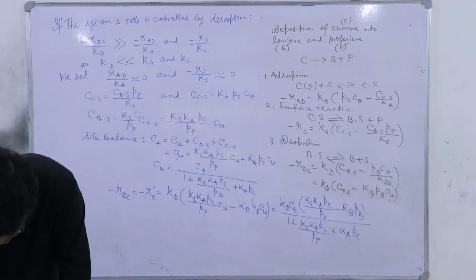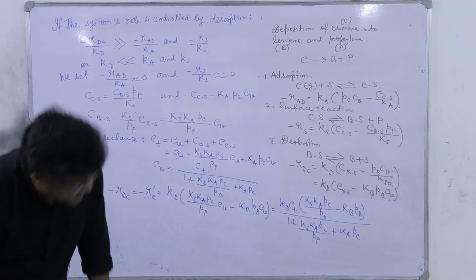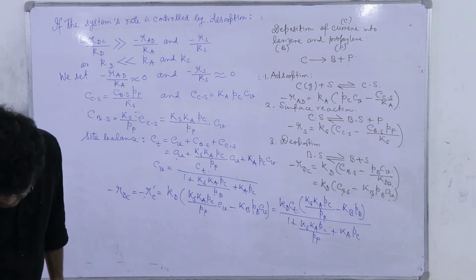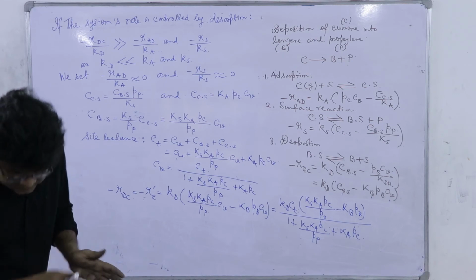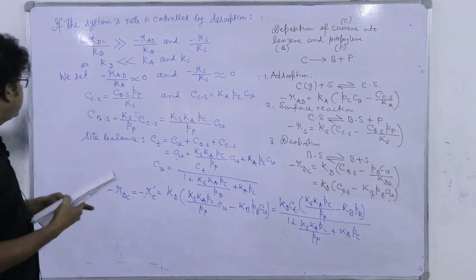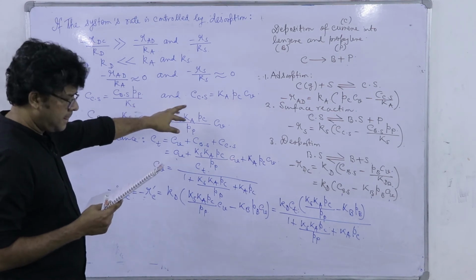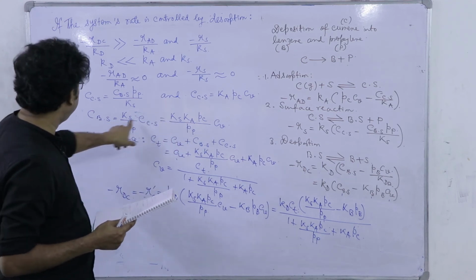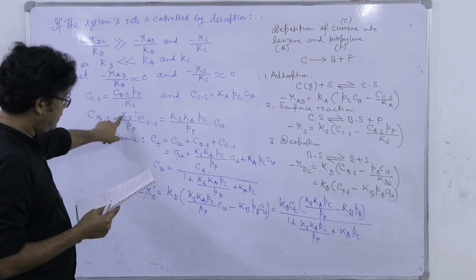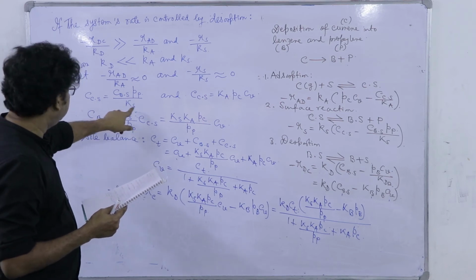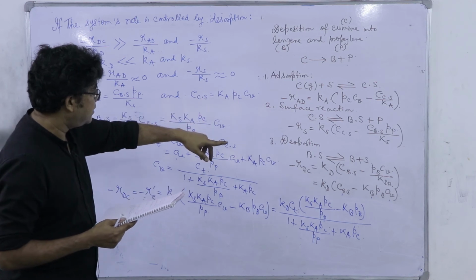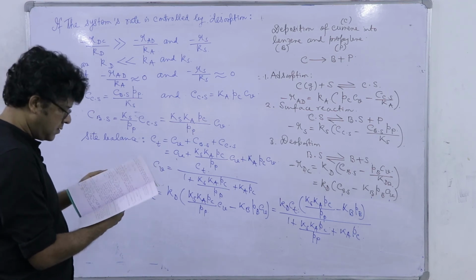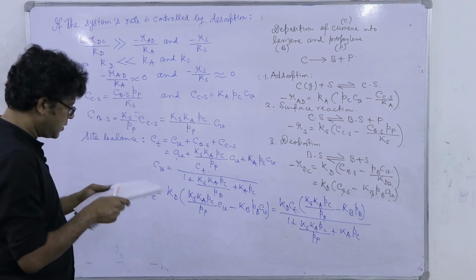So, what is happening now? Cb·S, okay, let me check. Probably I have got Cb·S. Cb·S is Ks by Pp into Cc·S, sorry, here we should have written Ka. Okay, no problem.